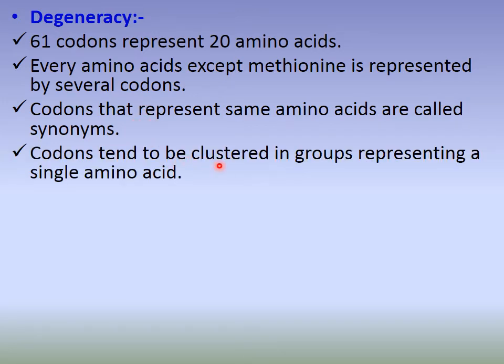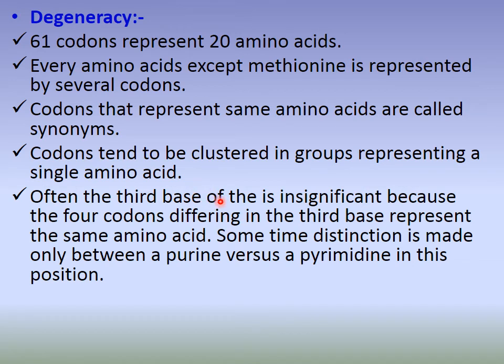Then codons that tend to be clustered in groups represent a single amino acid. So often the third base is insignificant. In the codon the third base is insignificant, because if there is a change in that third base, then almost always the amino acid will not change. This type of change is known as wobbling.